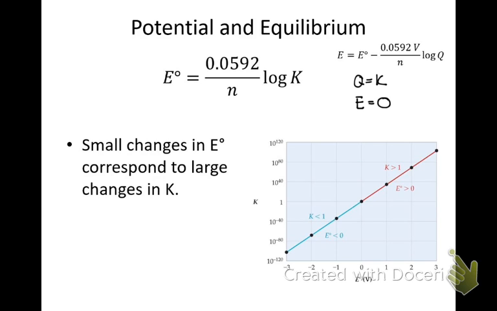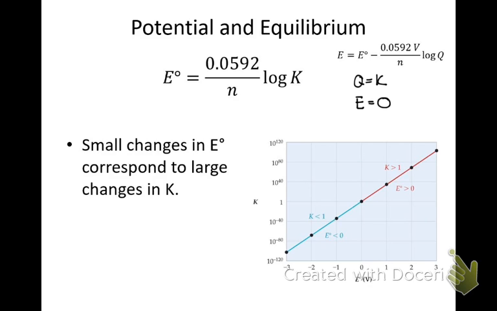If we substitute in log K for Q and 0 for the cell potential, then we find that there's a relationship between K and the standard potential. So we can use either of those to calculate the other one. If we plot the relationship between K and potential, we see that cell potentials really only range between about -3 and +3 volts.